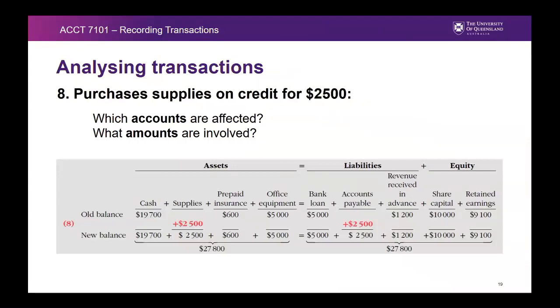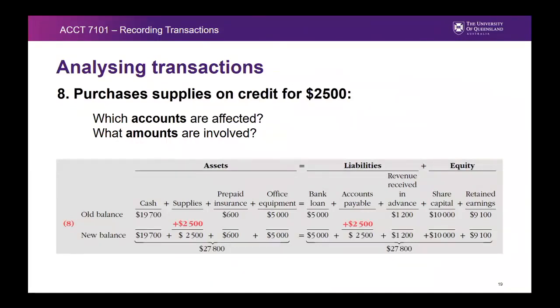Could even be some technology products as well. And so we recognise those as assets, as opposed to inventory. Inventory is often similar items, but we sell them to our customers or clients. So inventory is different from supplies. Supplies are assets that we use up in the operation of our business. Inventory are assets that we actually sell to other parties.